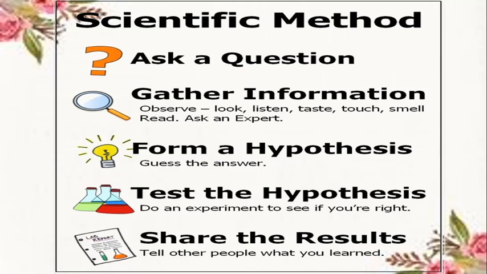So you gather information. So this is the second step in the scientific method. The third step is you form a hypothesis. So what is a hypothesis? Hypothesis means a possible solution. You have not arrived at the answer, you have not arrived at the particular solution that you want, but you have a number of guesses now. Okay, you have a number of possible solutions. And then what you do in the next step, you test these solutions.